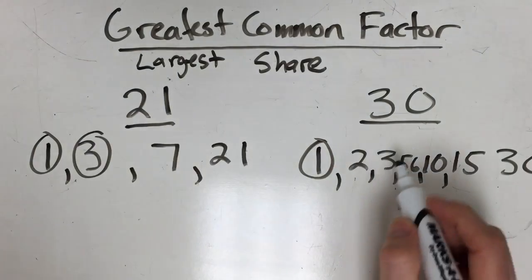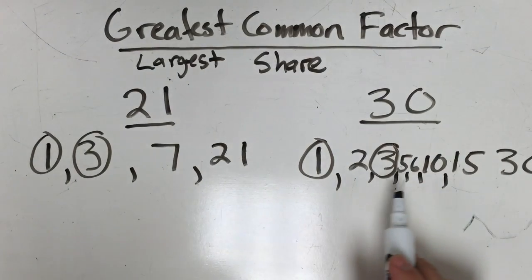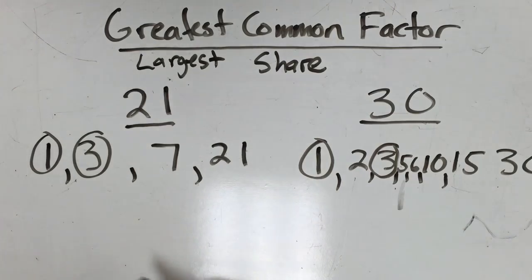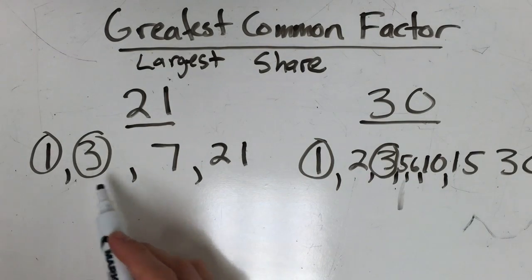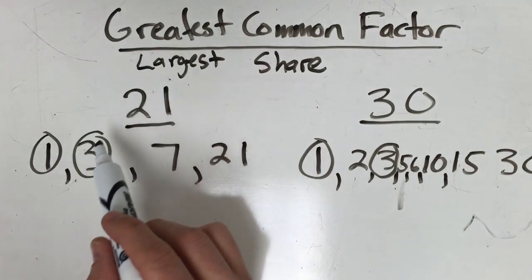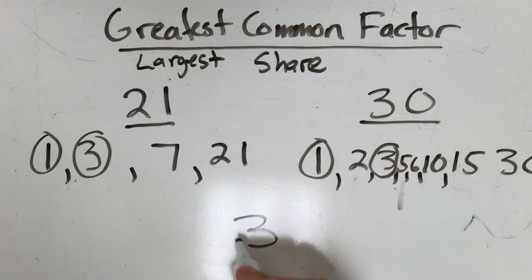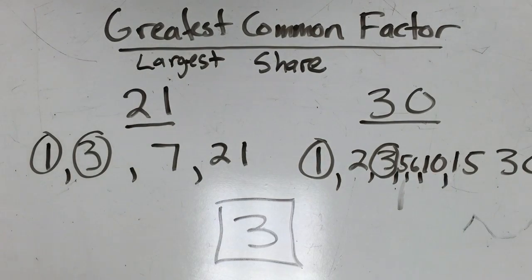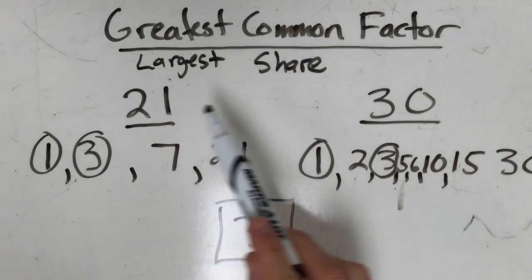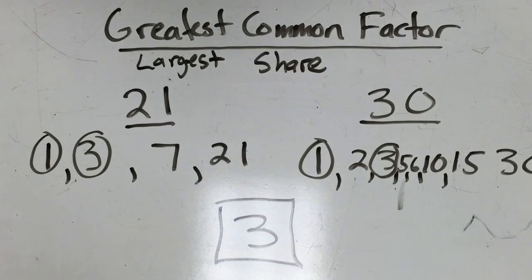They have 3 in common. And those are the only ones they have in common. So of those two, which one is the largest? 3. So 3 is the largest factor they have in common. In other words, 3 is the greatest common factor between 21 and 30.